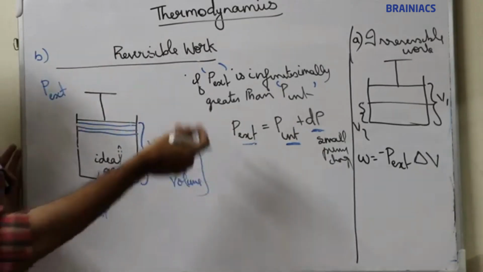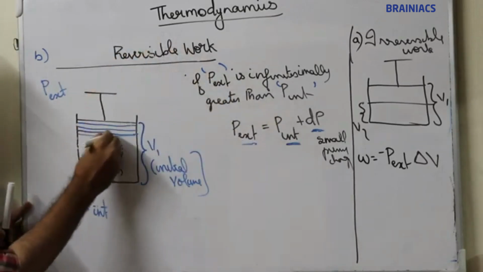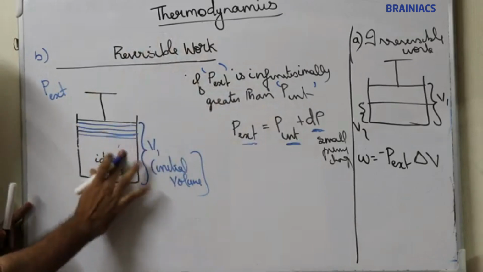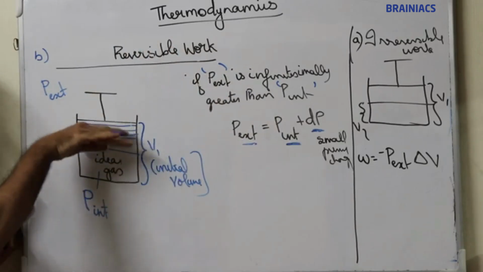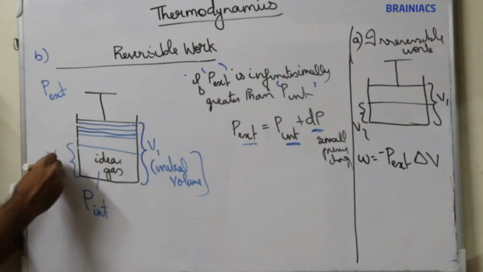If for example the piston moves till here, let the final volume be V2.